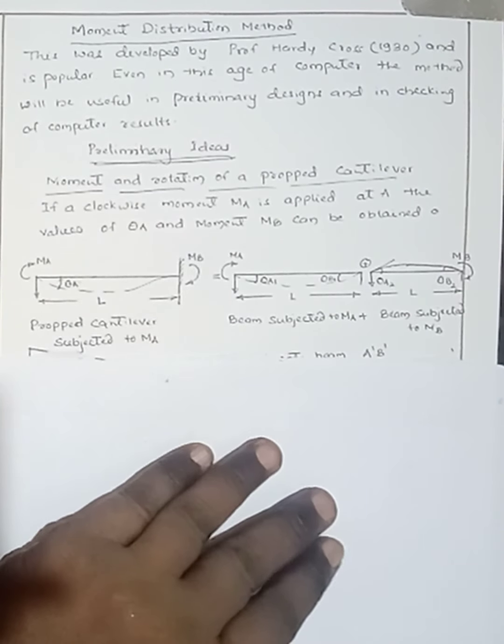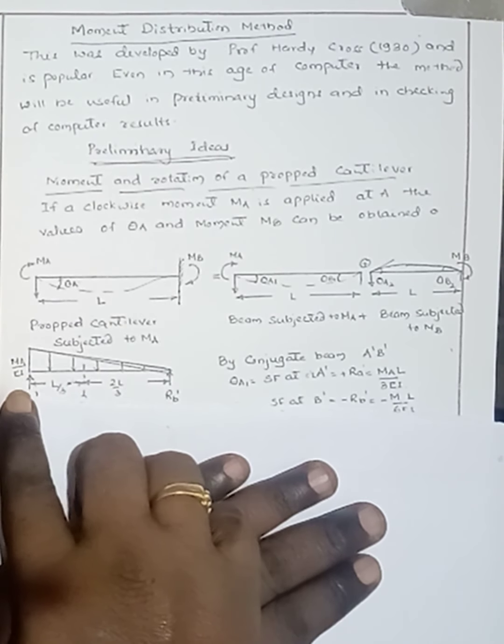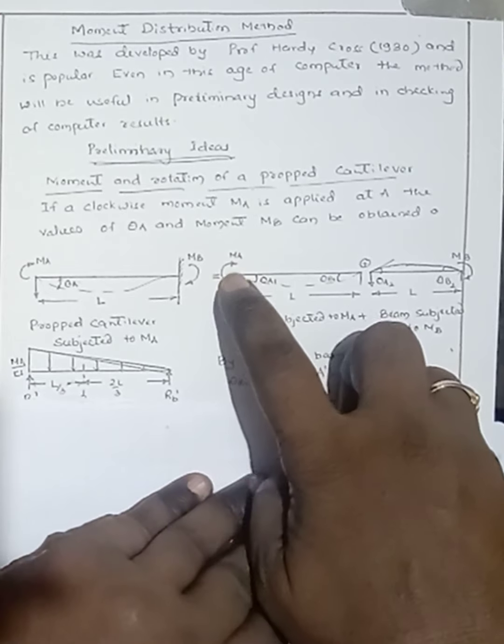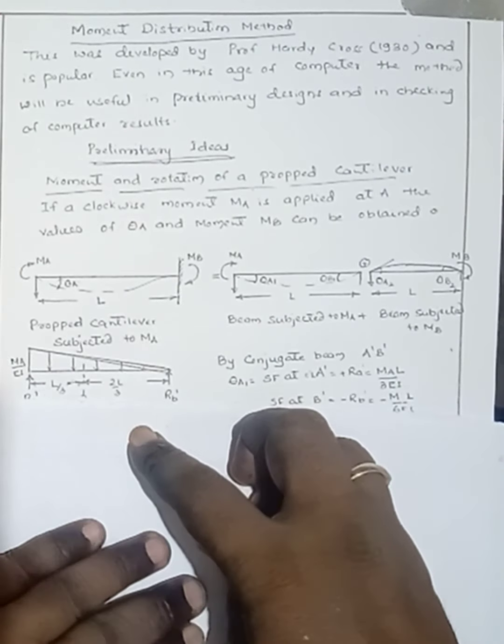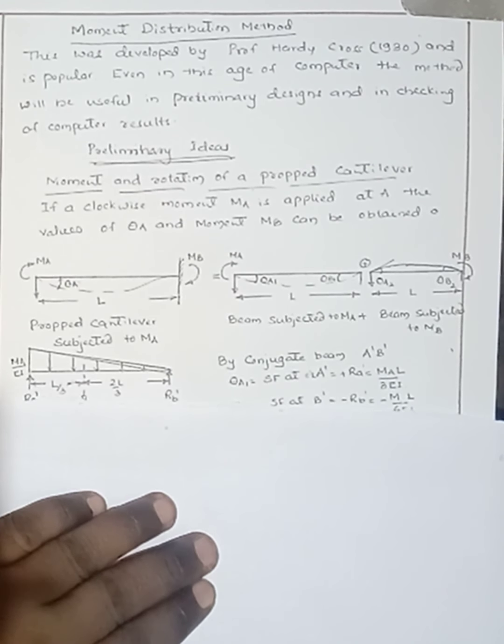Now we can calculate these angular deformations by using the conjugate beam method we have studied. Here we have applied MA. By the conjugate beam method, you know that the shear force at any section in the conjugate beam is equal to the slope at that point in the given original beam.